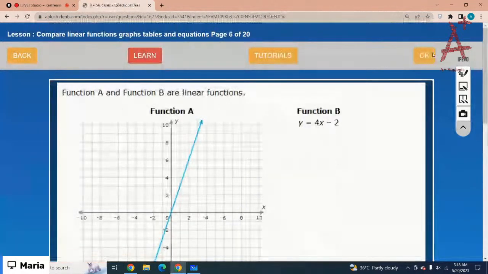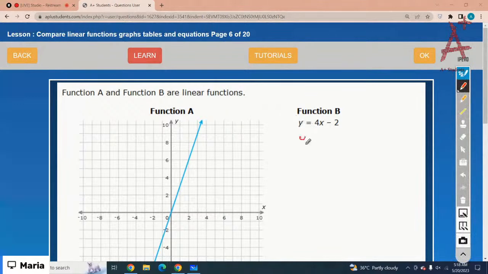Function A and function B are linear functions. It would be y equals 4x minus 2. Let's just calculate the slope of the function. It would be y equals mx plus b. So when you compare, m equals 4. So for this graph, just select the 2 points. It would be 3 over 1. So the slope is 3.